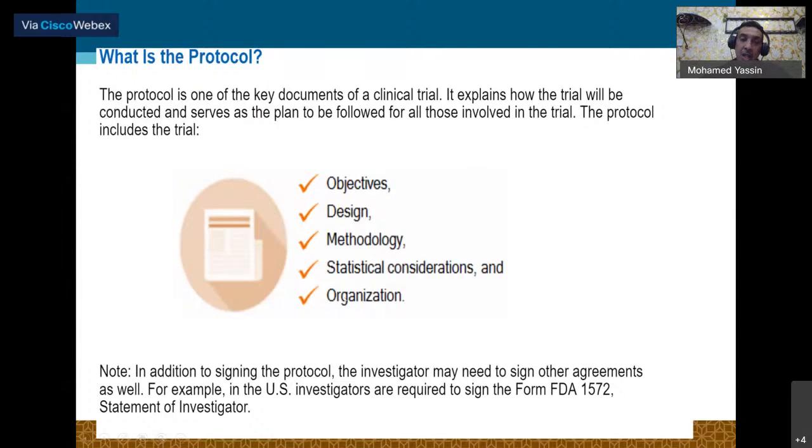It means how people will work in these clinical trials, who will lead them, who will be the coordinator, how they will be run, in which facility, center, or hospitals, whether in one center or multi-centers, so all the organizations. So these are the overall or general components of the protocol.